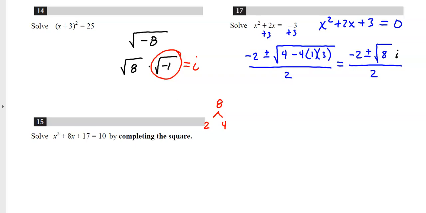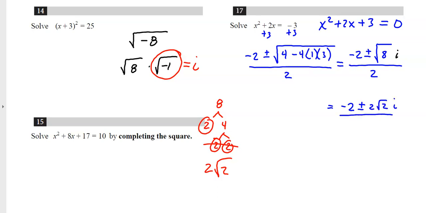That's 2 times 4. 2 times 2. So pair of 2's count at once, a loner count at once. So I can tighten this up a little bit. This is negative 2 plus or minus 2 radical 2 i's all over 2. Break it up.